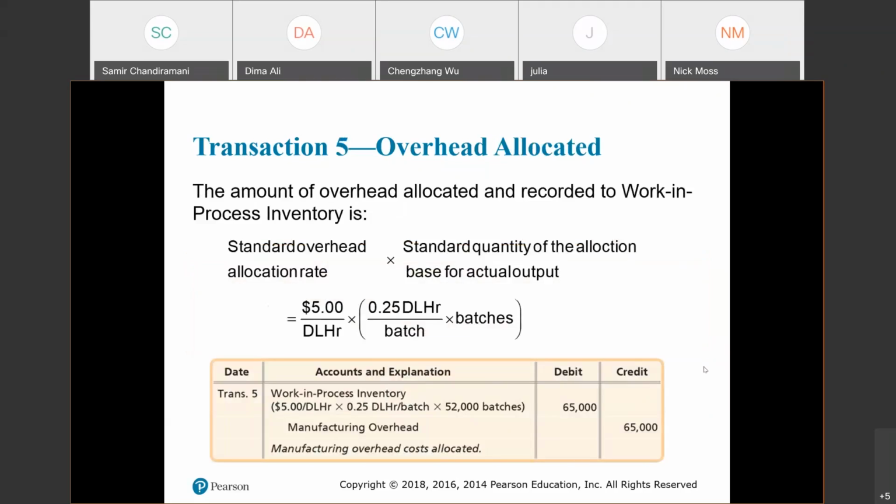Well, next transaction, overhead allocated. This is pretty much straightforward. We just debit WIP inventory and credit manufacturing overhead.